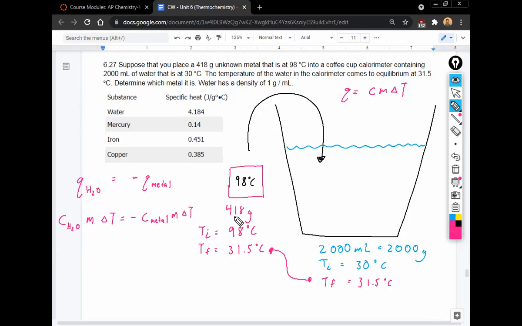Does that make sense, why they're opposites? All we're doing is taking this concept that the water is going to absorb the same amount of energy that the metal releases, and we're just blowing up that equation so that we have more variables to work with.